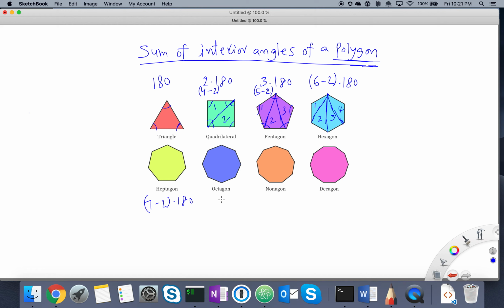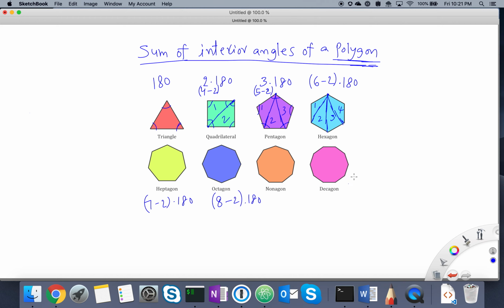How many triangles can you break this octagon into? How many sides? 8. Okay, 8 minus 2. And what is the sum of all the interior angles? Well, you can break that into number of sides minus 2 triangles, and each triangle has 180 degrees. So 8 minus 2 times 180. And let's go to nonagon and decagon.